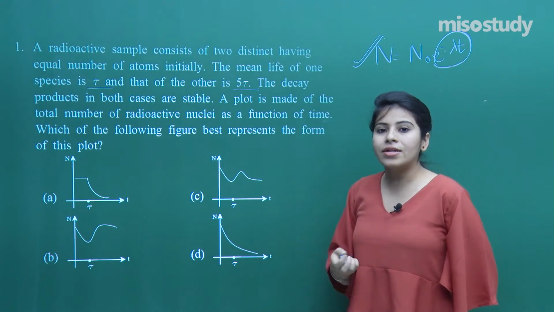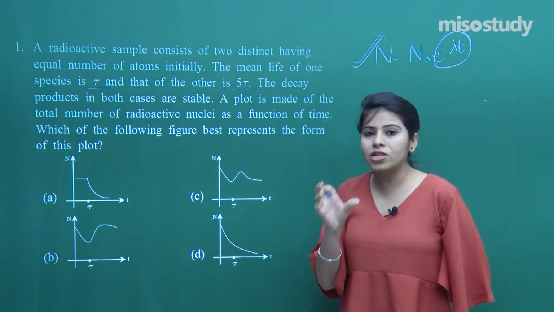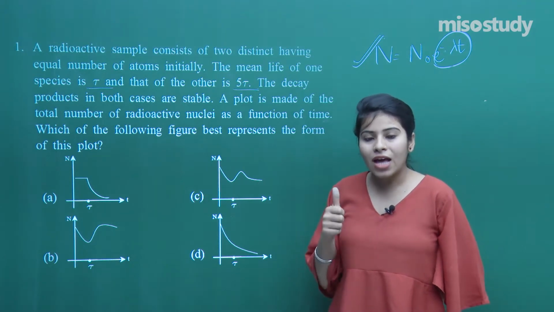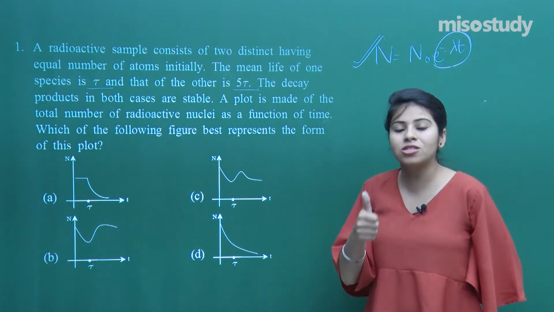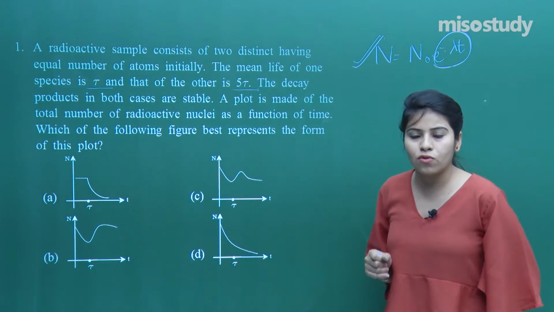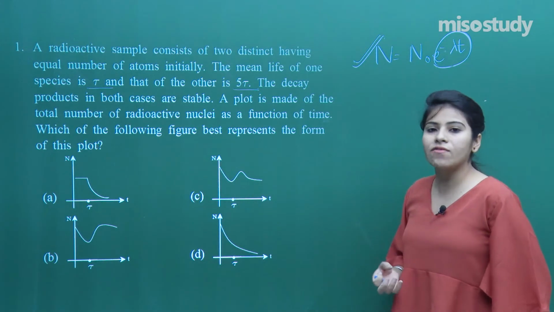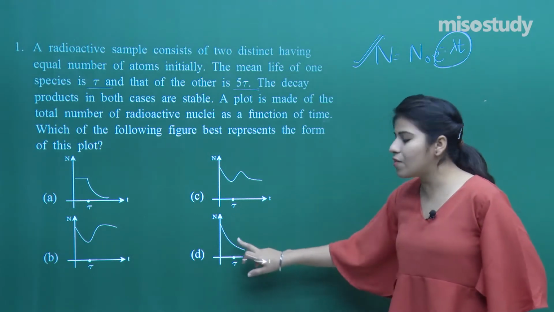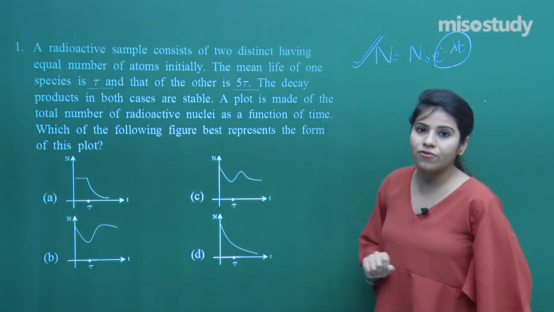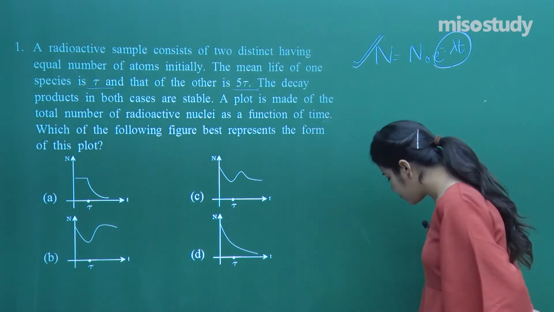We know that the basic of the chapter is that radioactive nuclei is going to decrease exponentially with time. So this situation must be satisfied by one of the graphs given over here. And so what we have applied over here, finally we have concluded that this is our correct option and this is the correct figure for the situation.